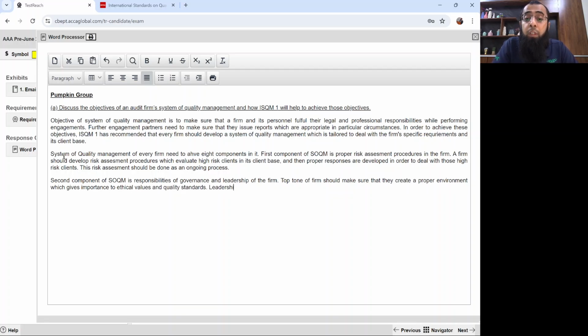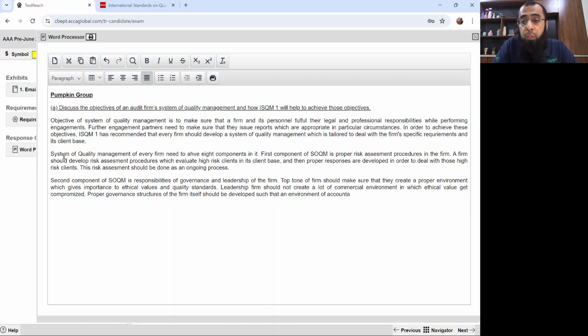The leadership of the firm should not create a very commercial environment in which ethical values get compromised. Proper governance structures of the firm itself should be developed such that an environment of accountability and responsibility exists. The governance and leadership is responsible.